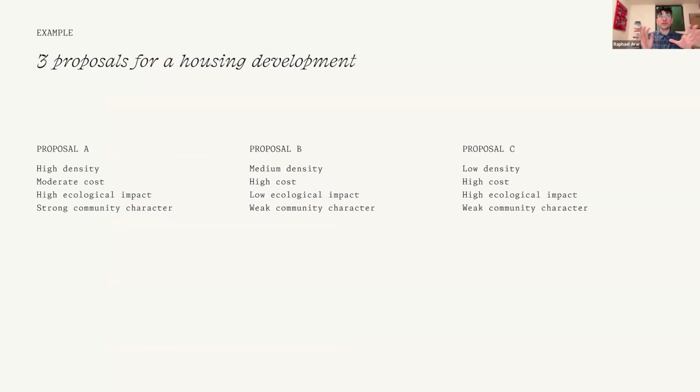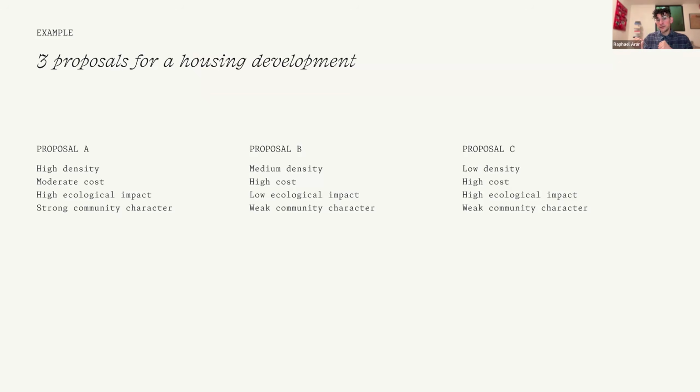But this is essentially trying to get at what it means to have a partial order option and which one is dominated. So here we have three proposals for a community deciding on how to do housing development. Proposal A is high density, moderate cost, high ecological impact, strong community character.